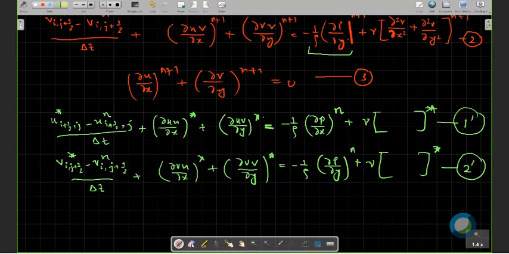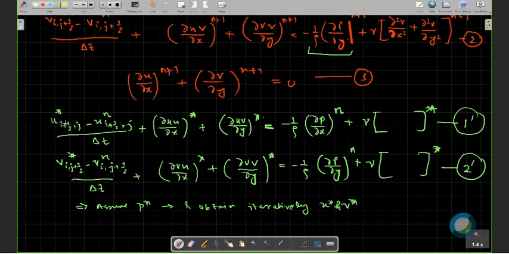So what this means is, assume p n and obtain u star, v star iteratively, which means either you have to use Gauss-Seidel SOR iteratively. In case of 2D, u star and v star.